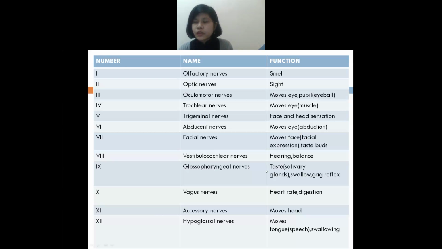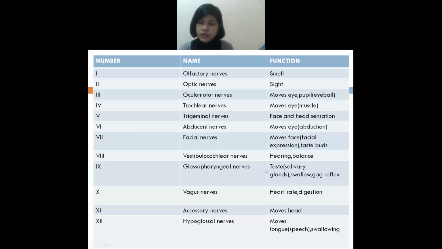You will be able to know the taste, which is in your salivary glands. And with the help of the glossopharyngeal nerves, you are able to swallow as well as have the gag reflex. Gag reflex means when you eat something, your esophagus will automatically open. It means that gag reflex, as well as you will be able to swallow the thing.